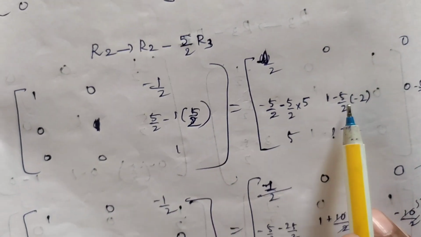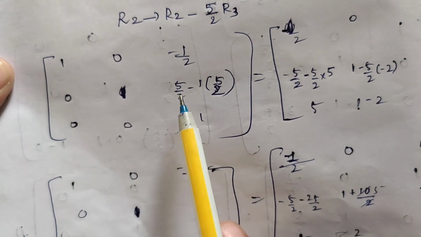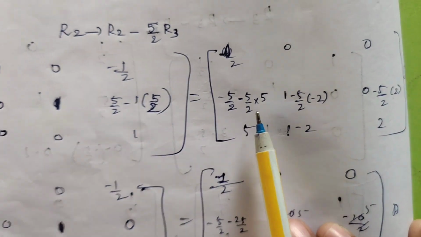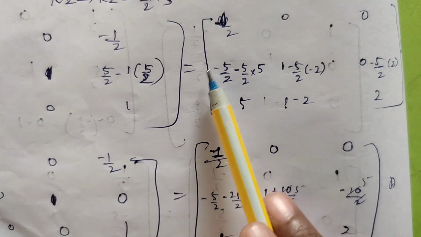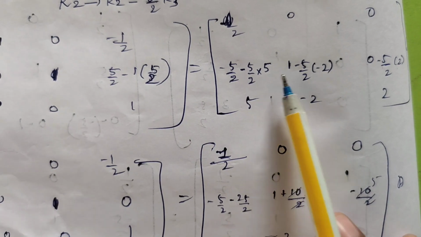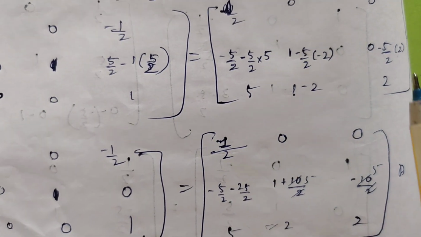So on simplification, we will get R2 as 0, 1, 5 by 2 minus 5 by 2, 0. In the RHS, 5 into 5, 25. So minus 5 by 2 minus 25 by 2. Here minus into minus is plus. So 1 plus 10 by 2.